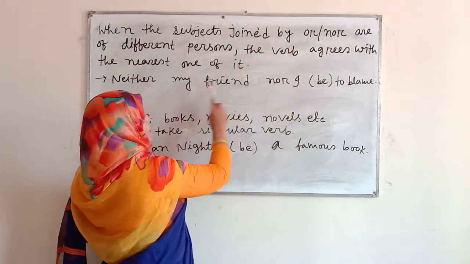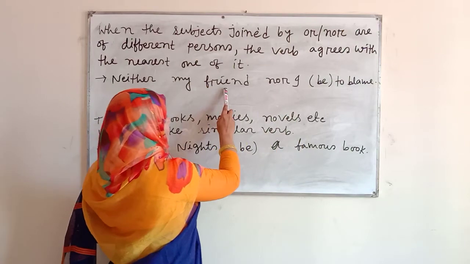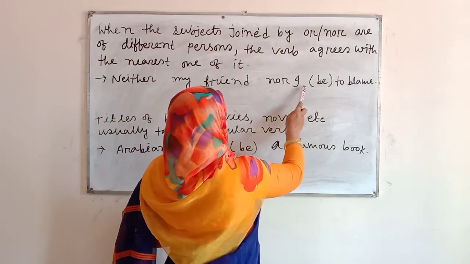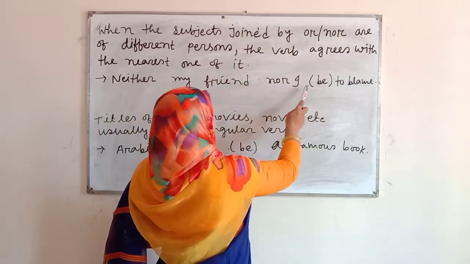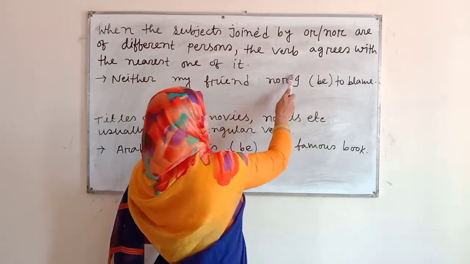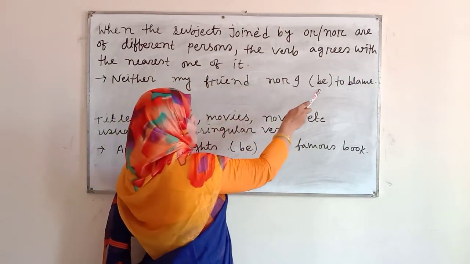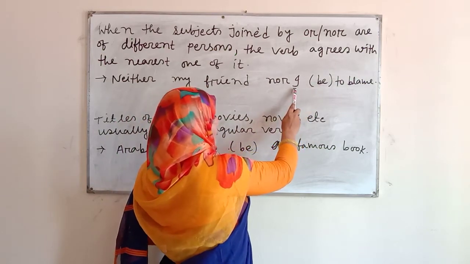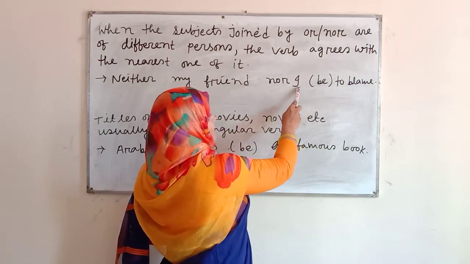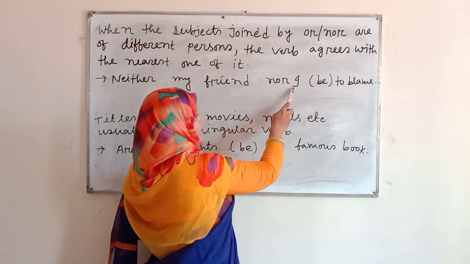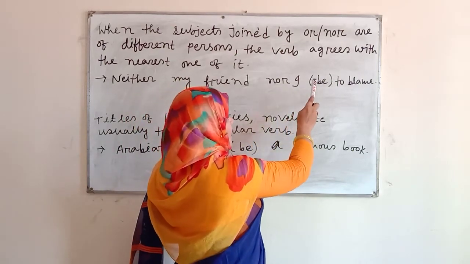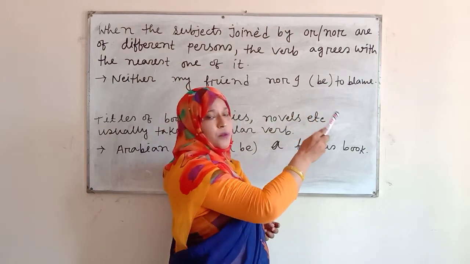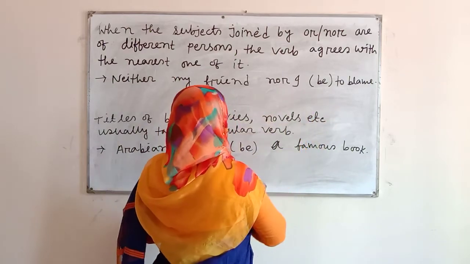দেখো students, এখানে দুটা subject my friend and I, দুটা ভিন্ন subject ভিন্ন persons, nor দিয়ে they are joined by nor. So verb must agree with the nearest subject. কোনটা nearest subject? তার আগের যেটা আছে I. That means I. So our verb will be depending on the nearest subject.